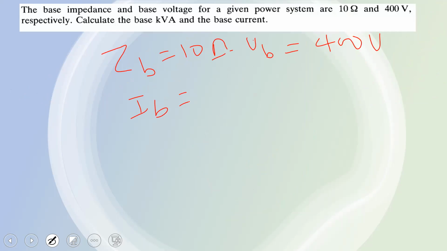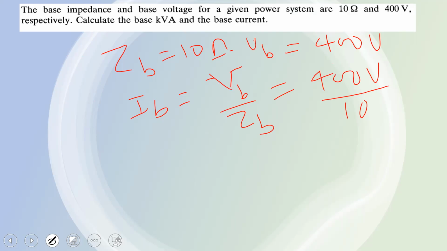Simply you can use the formula of impedance, and from that formula you can find the value of I. I base will be V base by Z base, because you know from the definition, impedance is the ratio of V and I. So from that formula you can easily calculate the value of base current. Here base voltage is given as 400 volt and base impedance is given as 10 ohm. So base current will be 40 ampere.